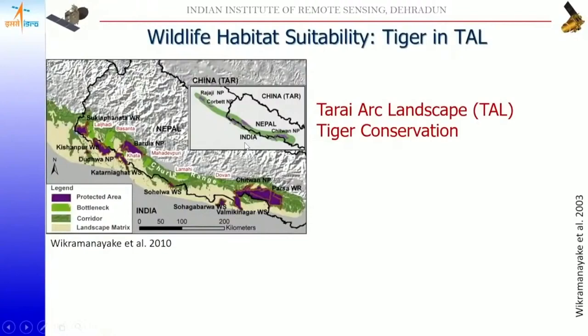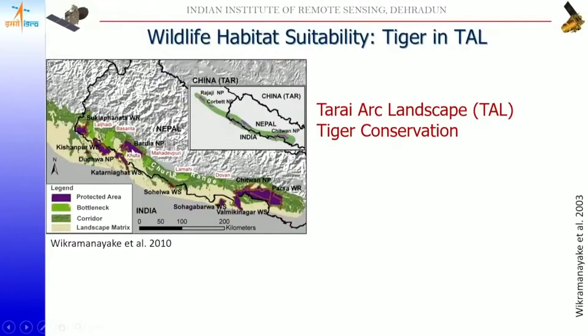So one example, and the last example, will be the wildlife suitability at a larger landscape, because the ecosystems or the habitats are connected over a larger area. If you see the example of the Terai Arc landscape, it goes from the foothills of Himachal Pradesh or Jammu Kashmir up to the northeastern parts of India.